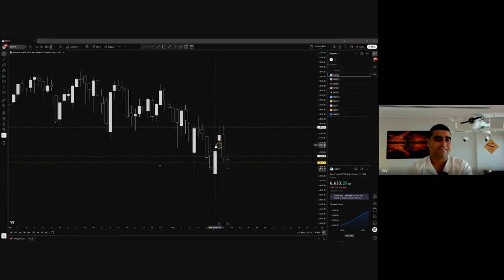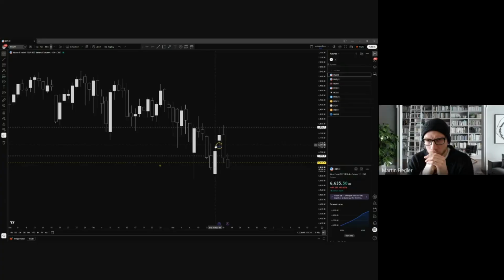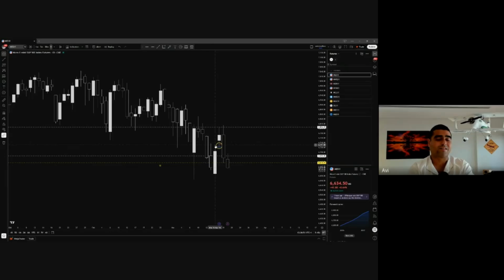Now, what's interesting is the day we're talking about, you can see where it opened above the previous day's high. And then it came and interacted with the previous day's high. Now, this is very interesting because, let's step back a bit. When you're thinking of a day's high, you're thinking about resistance.